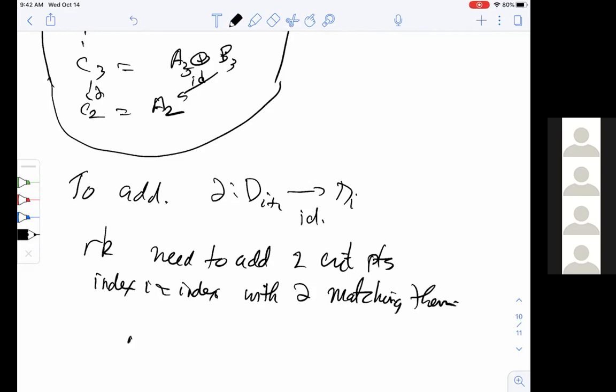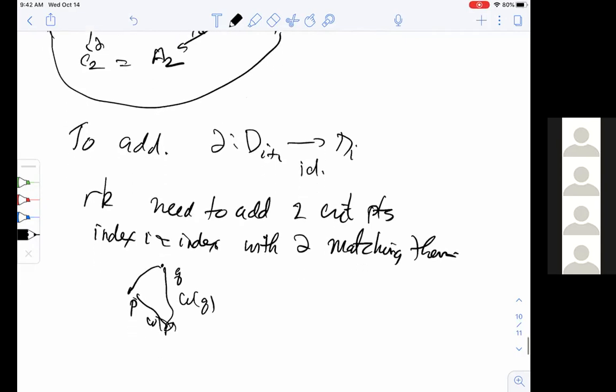So I would need 2 critical points, one of index i, one of index i plus 1, with a single transverse flow line between them. And I would want the group element formed by that to be trivial. That's what this says. Well, this is exactly what a birth does.